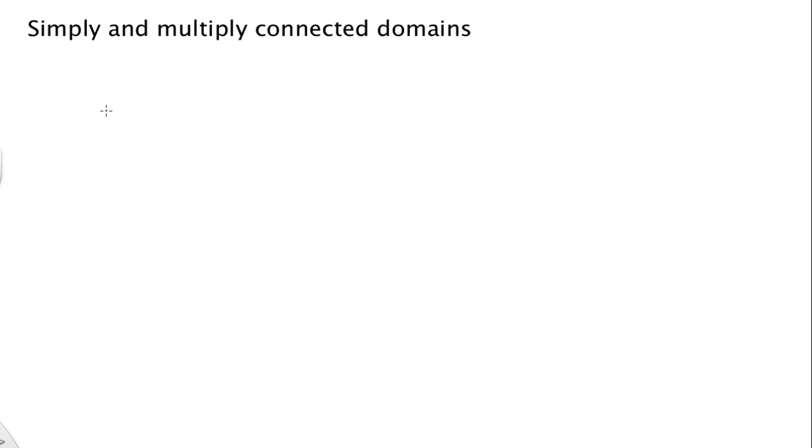And welcome. Today we're going to talk about simply and multiply connected domains. What we're really going to be talking about is properties of sets D, and of course these are always going to be open sets. That's what we're principally interested in.